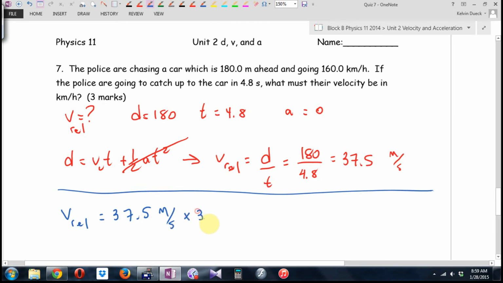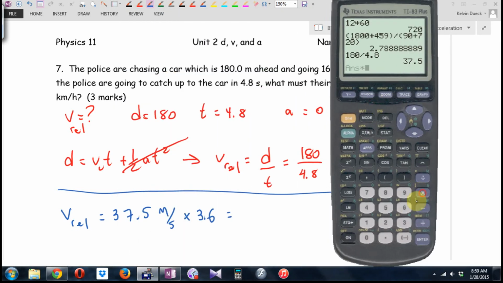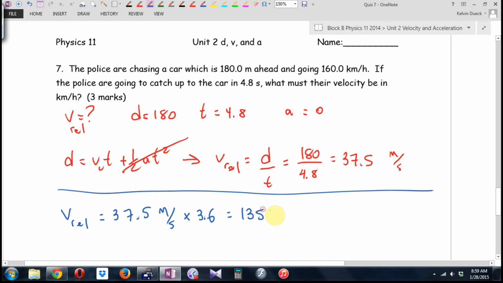Times by 3.6. So the relative velocity in kilometers per hour is... you okay with that? That's how fast the police have to be going relative to the bad guys.